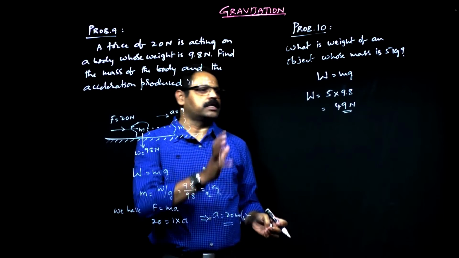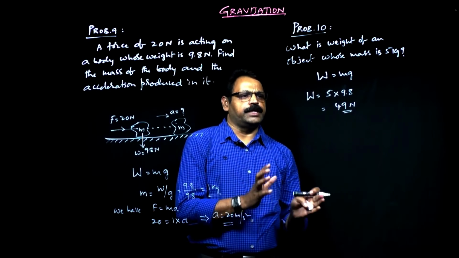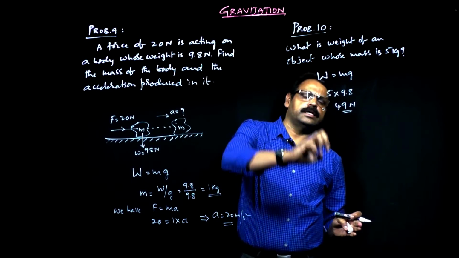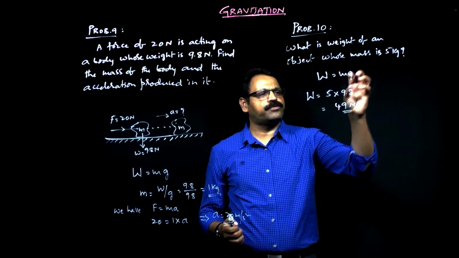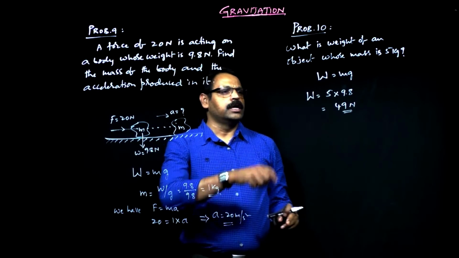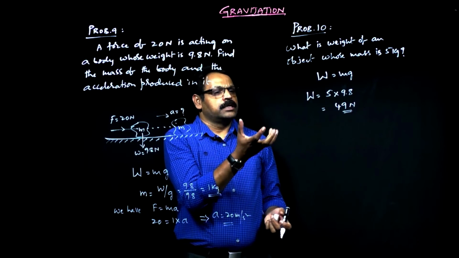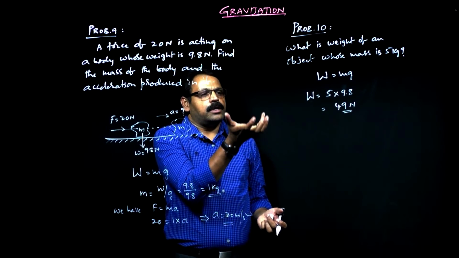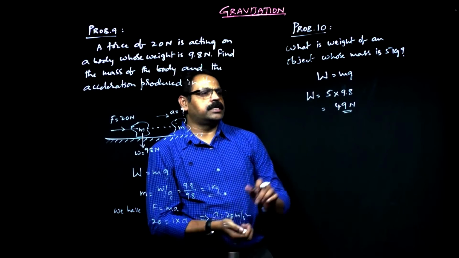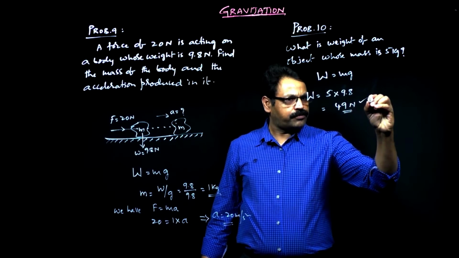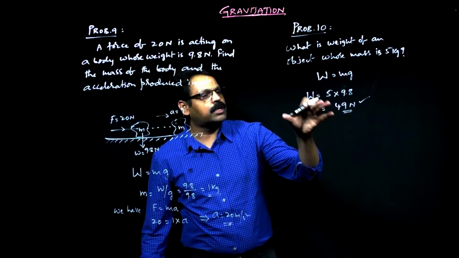So you should not get confused with the mass and weight. Mass is nothing but actual matter contained in it. So 5 kg of matter is contained in a body, whereas 49 newtons is the weight. That means the gravitational pull is attracting it with a force of 49 newtons. That is what we are calling the weight.